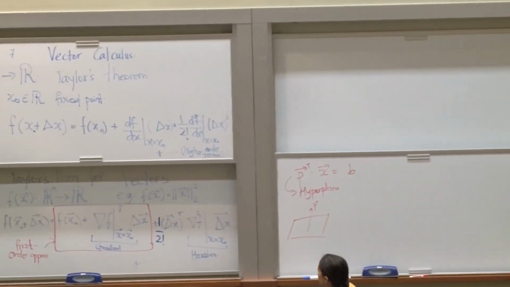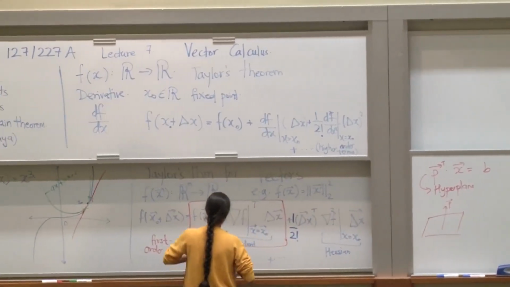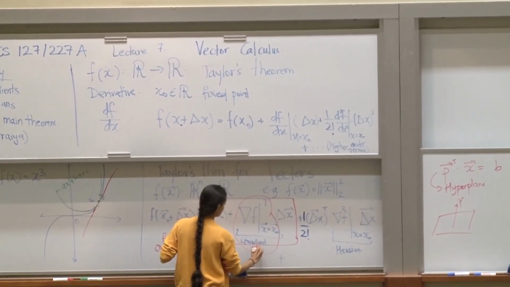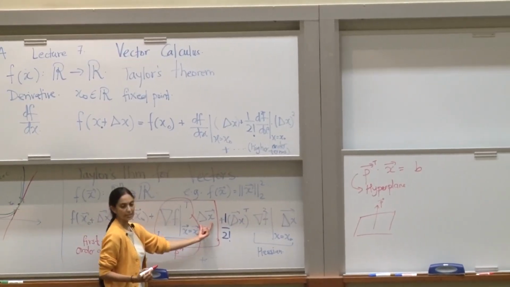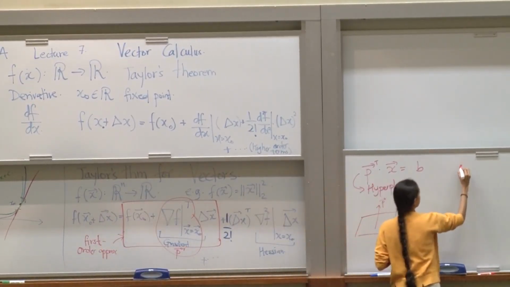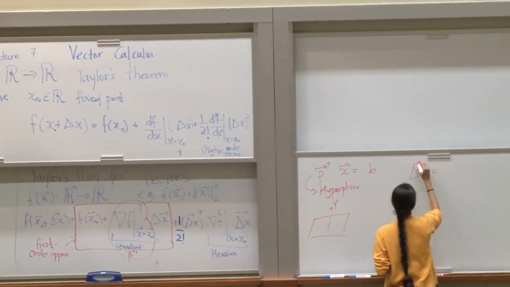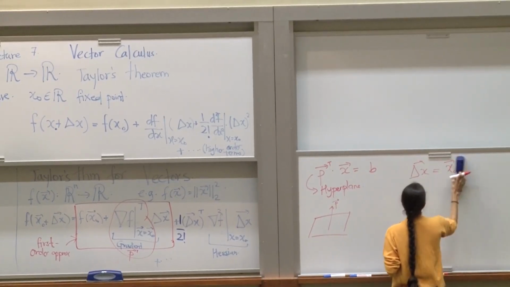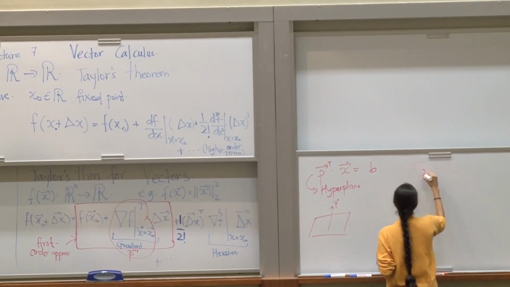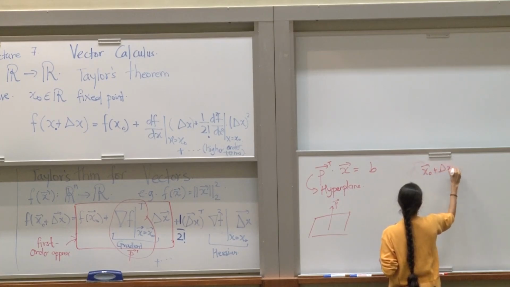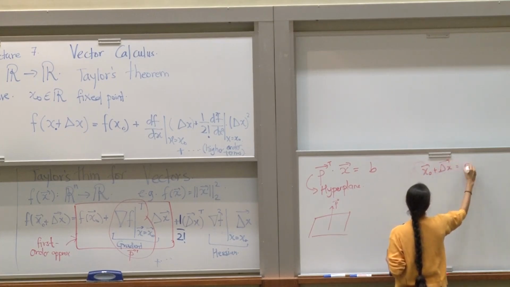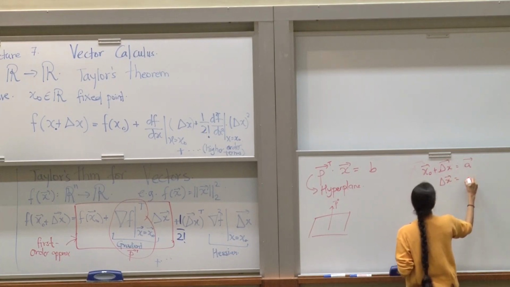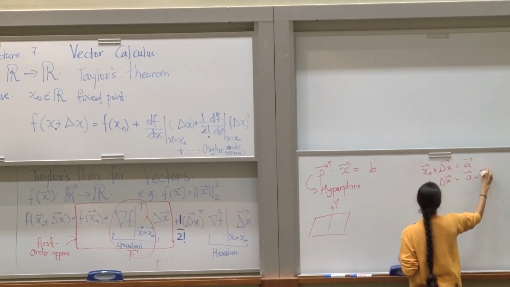Okay, how is this equivalent to this? So I'm going to call this thing P transpose. Okay? This is delta x. So delta x is basically, let's say x naught. If I call x naught plus delta x equal to some vector a, then delta x is equal to a minus x naught, for example.